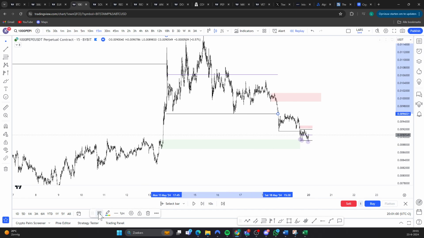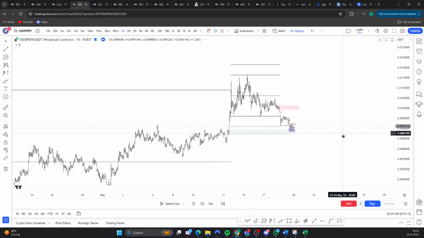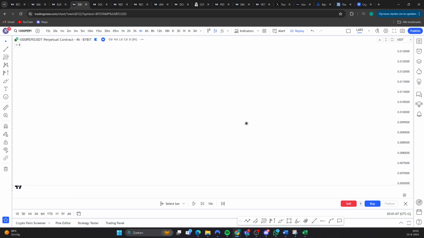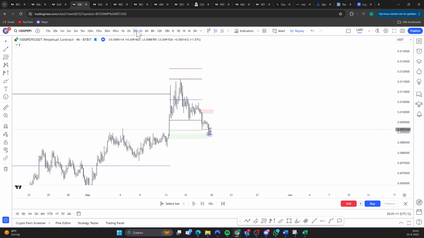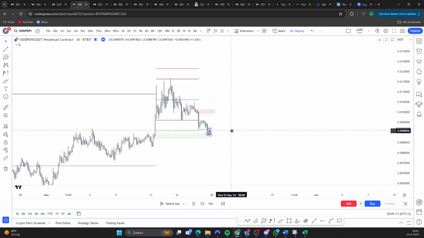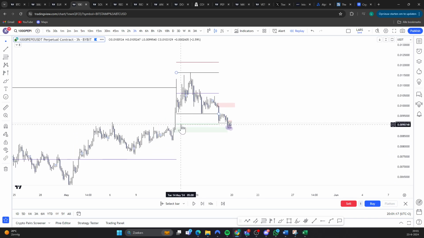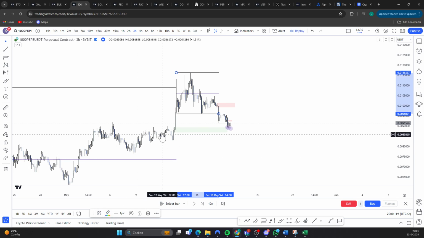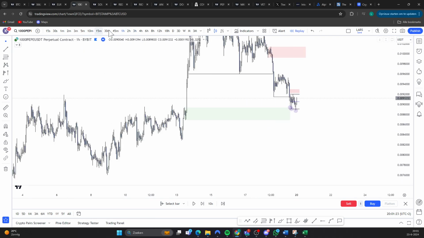Let me check one thing. We came into a swing POI regarding this demand zone. Like it's the demand zone.